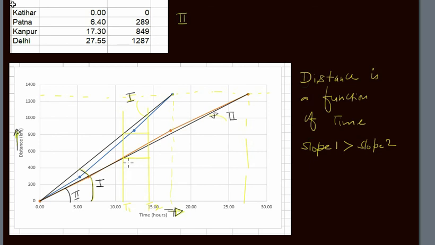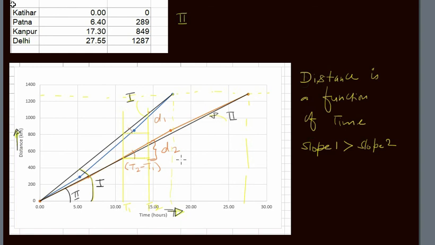So this time is T2 minus T1, and I call this one D2 and this is D1. So D1 and D2, this slope and this slope.